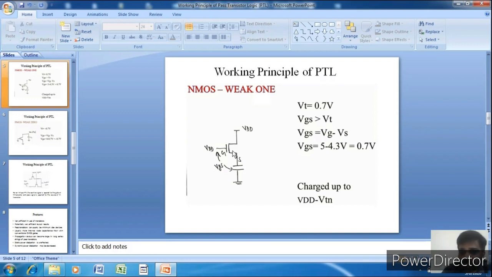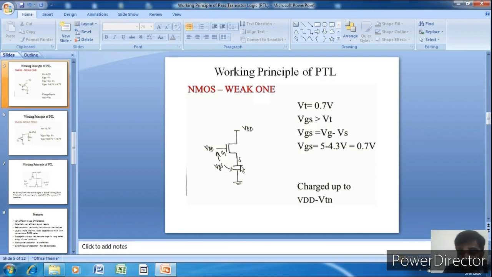Hence, the output we obtain from this terminal becomes only 4.3 volt. 4.3 volt means here it is VDD minus VTN. We are trying to transmit this VDD by applying it through the gate, but we will get only VDD minus VTN, that is 4.3 volt, at the output.